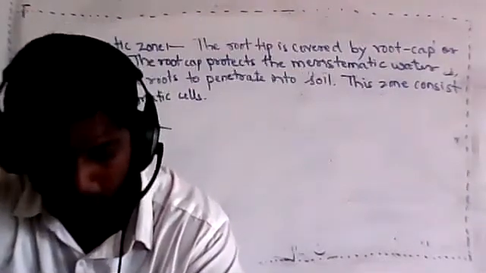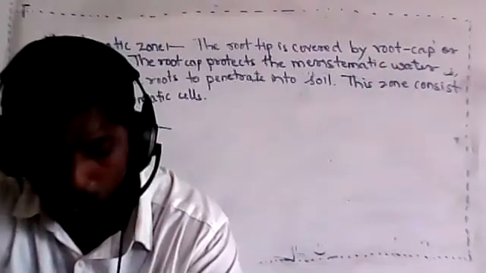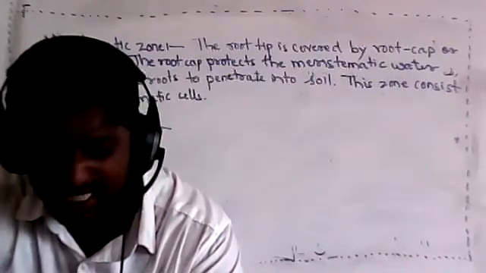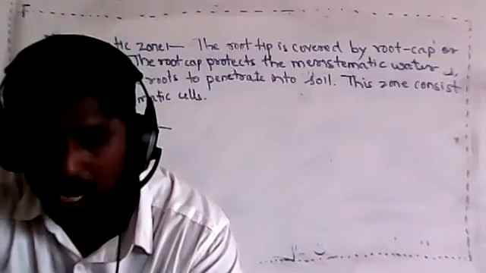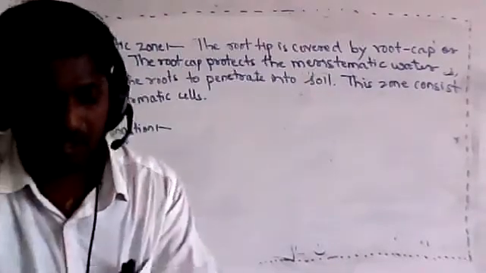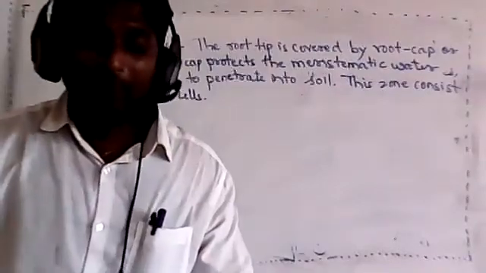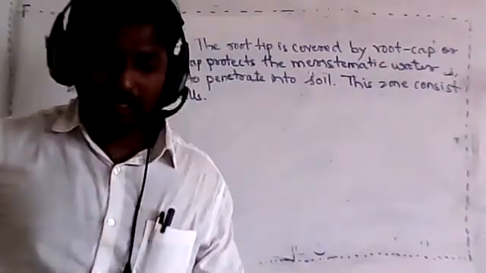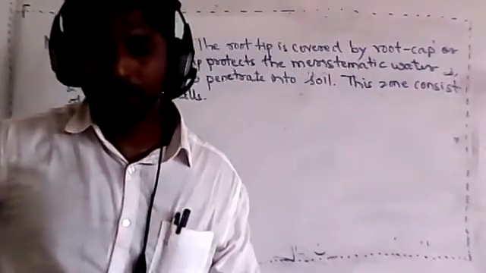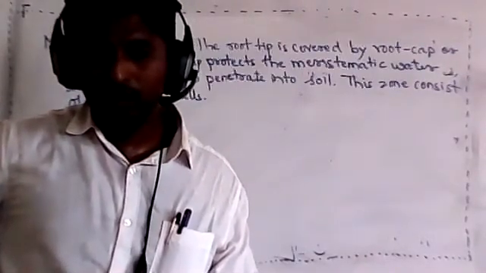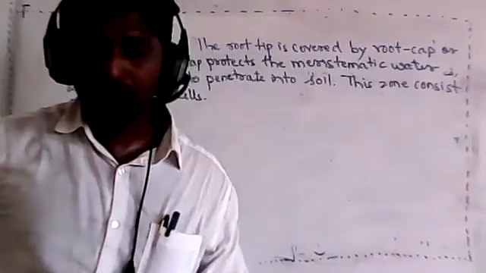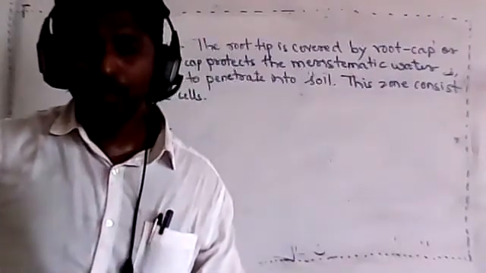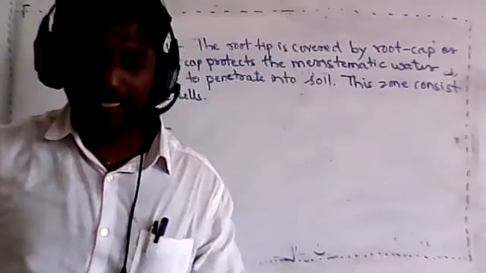Zone of elongation. In this zone, which is situated behind the meristematic region, comma, consists of elongated cells.